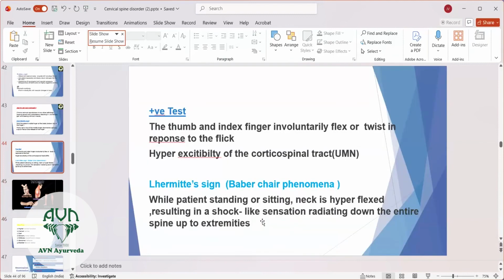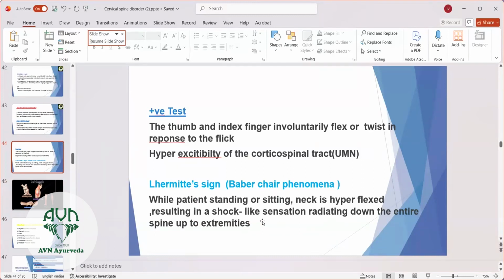Then Lhermitte's sign. Lhermitte's sign is also a very simple test. If the test is positive, we can make a clinical diagnosis of cervical myelopathy. While the patient is standing or sitting, the neck is hyperflexed. That means ask the patient to bend the head forward, resulting in a shock. While sitting in a barber's chair, we flex the neck downwards, which is called the barber's chair phenomenon.